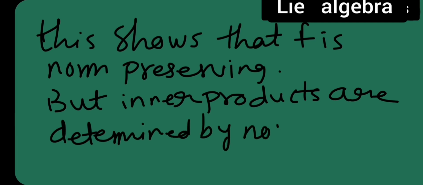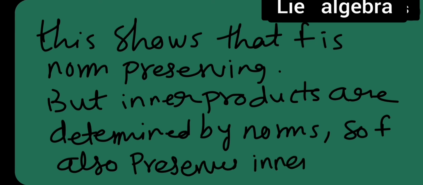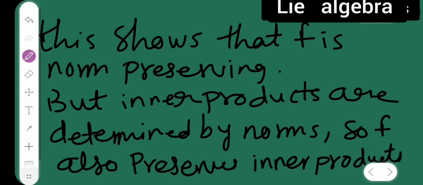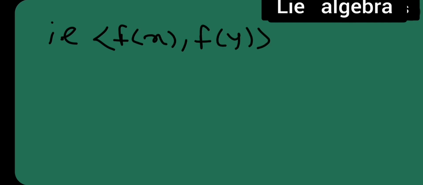So f also preserves the inner product. That is, the inner product of f of x comma f of y is equal to the inner product of x comma y. This you all put as star, okay? I'll keep it as star.